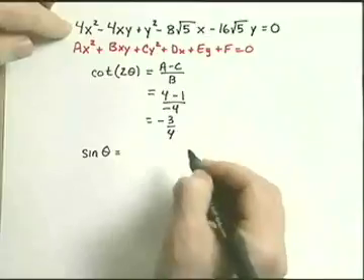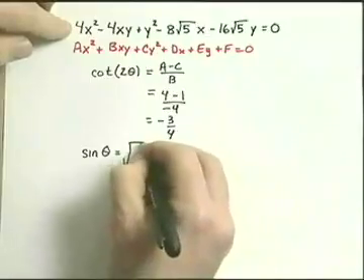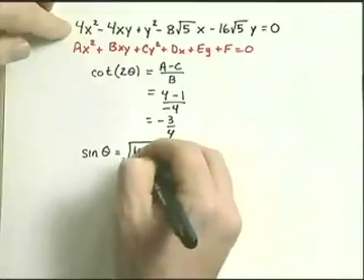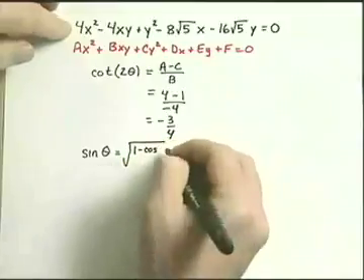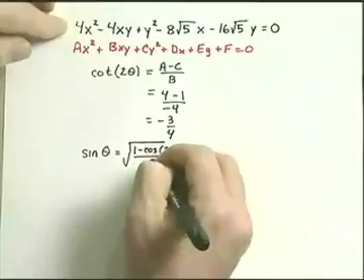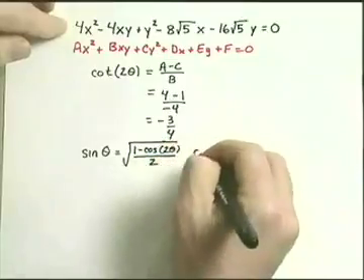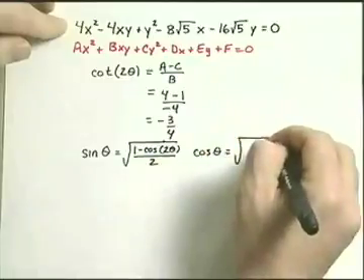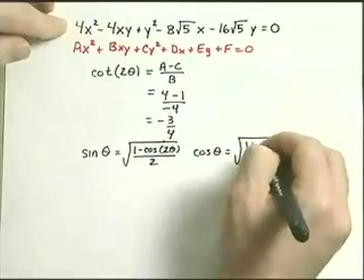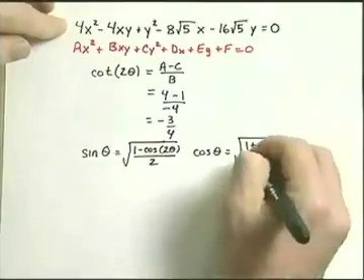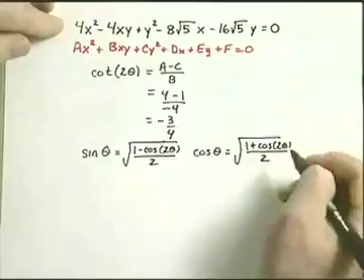Well, it turns out that sine of theta, using your double angle formulas, is equal to the square root of 1 minus cosine of 2 theta over 2. And the cosine of theta equals the positive square root of 1 plus the cosine of 2 theta over 2.